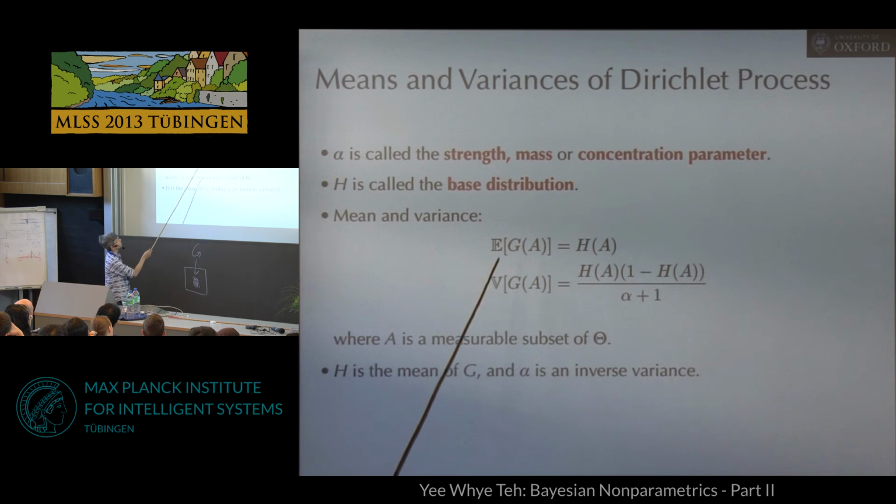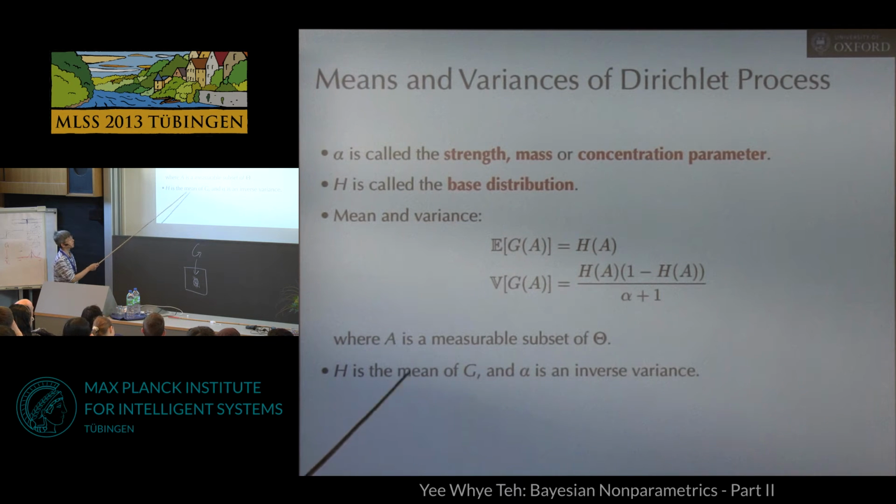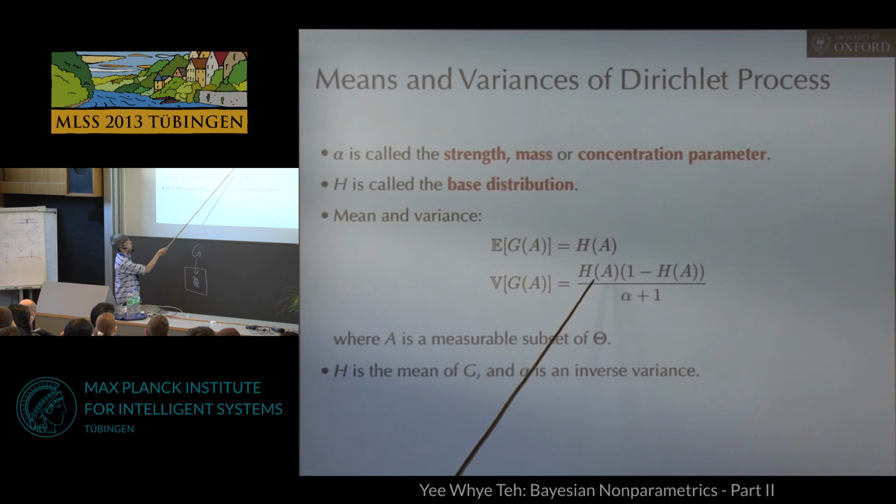You can easily see that the mean is simply H(A), which means the mean of G is simply going to be H. So we can think of H, the parameter of the Dirichlet process, as basically the mean of the Dirichlet process. And if you look at the variance, we're going to get some quantity up here divided by 1 plus alpha.